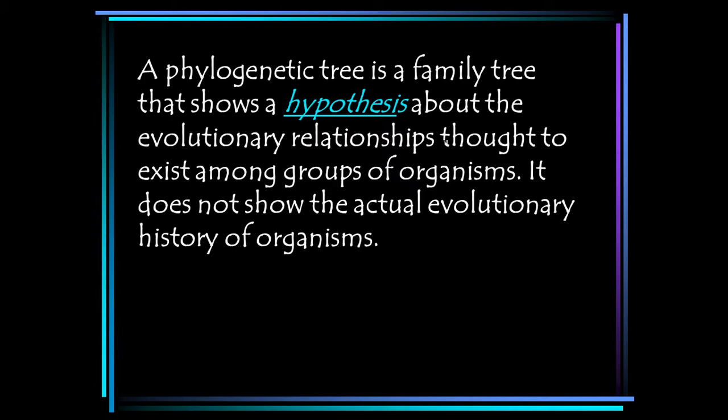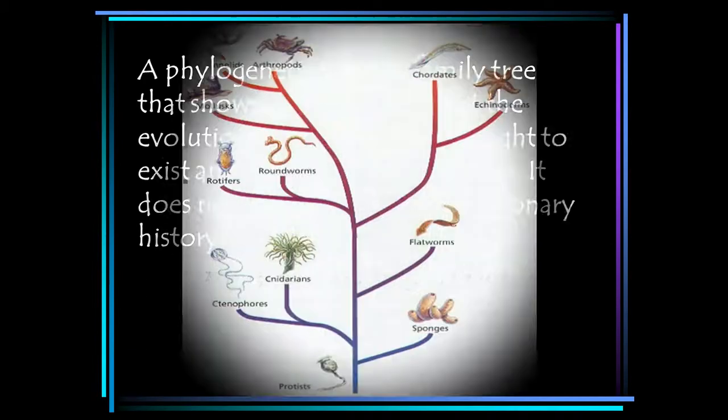It does not show the actual evolutionary history of organisms. So these are things that have existed well before we were studying their common characteristics. And so we guess. Scientists take a scientific hypothesis to study how they came about.